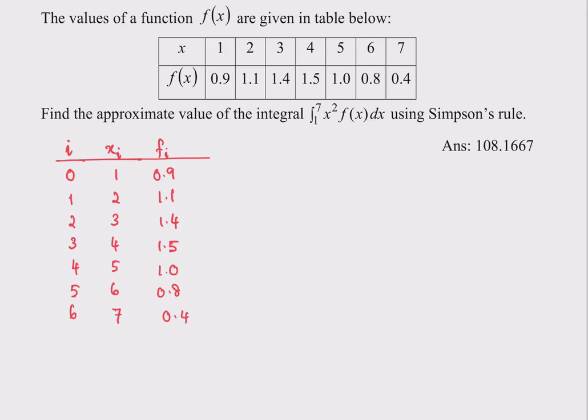To use the Simpson rule again, let's say now you have G0 and G6, so you need to calculate those. And then this is G odd, because you need the summation of odd and also the summation of even.